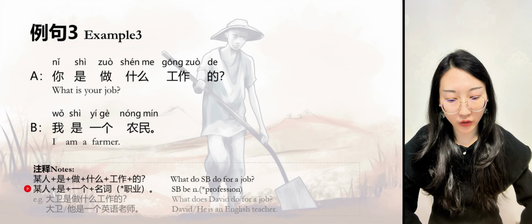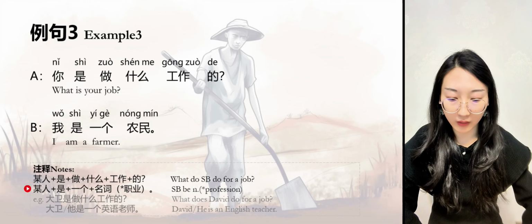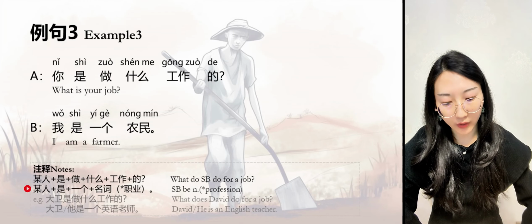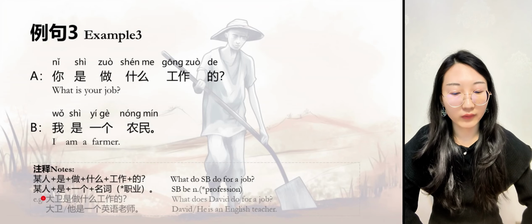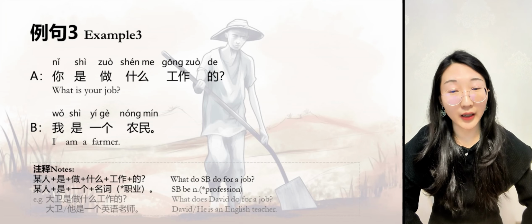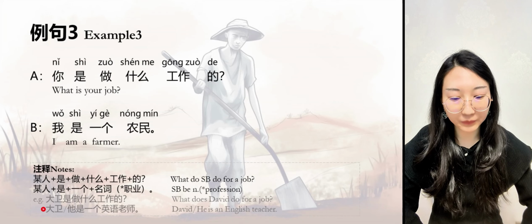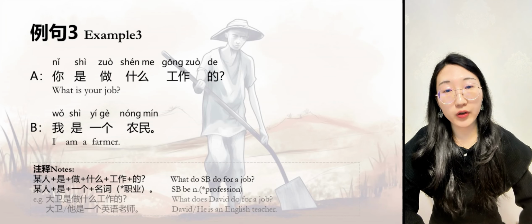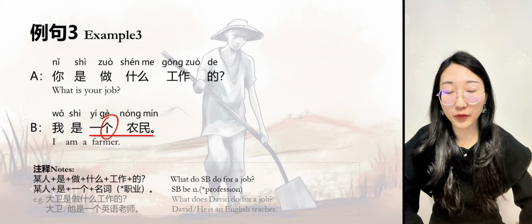某人 somebody 是 be verb 一个 number and classifier 名词 a noun 职业 profession. So together it's 某人是一个职业。So for example, what does David do for work? 大卫是做什么工作的？ And David is an English teacher still. 大卫是一个英语老师。他是一个英语老师。So you may be a bit confused right now because we just said that the classifier must be used after number and before a noun.